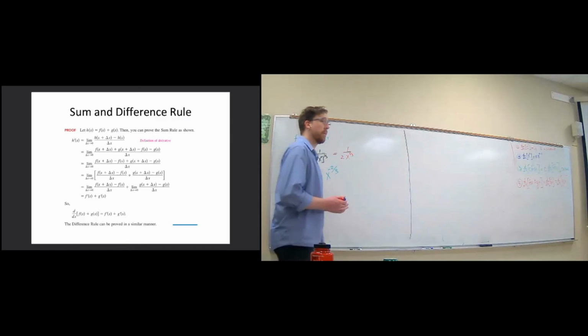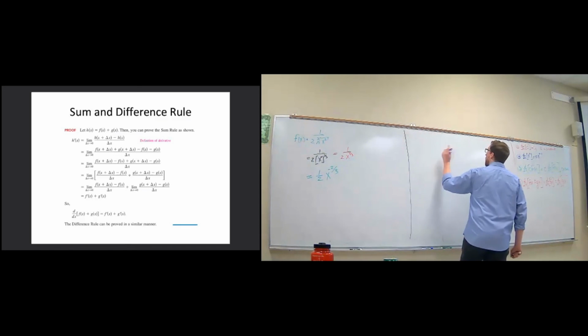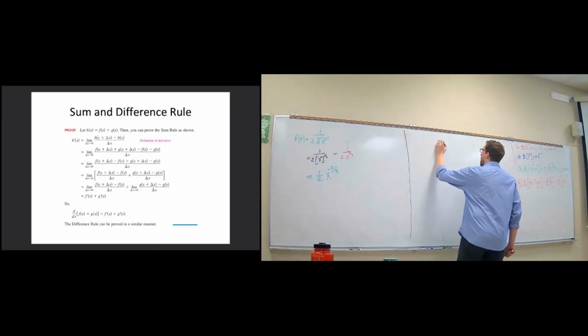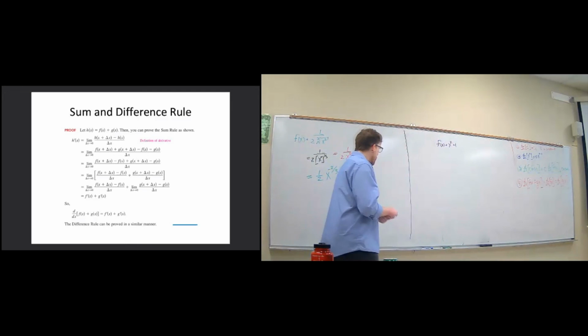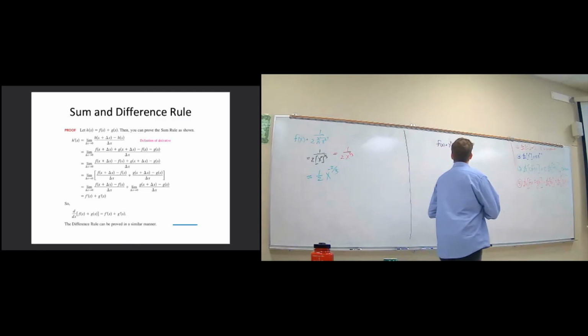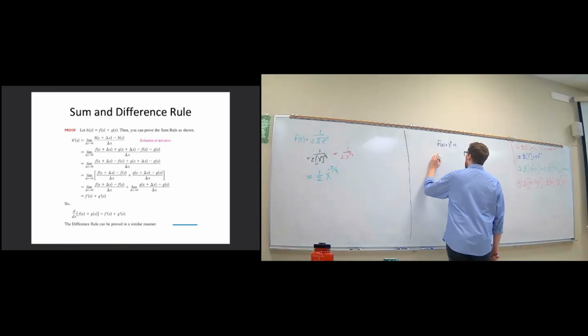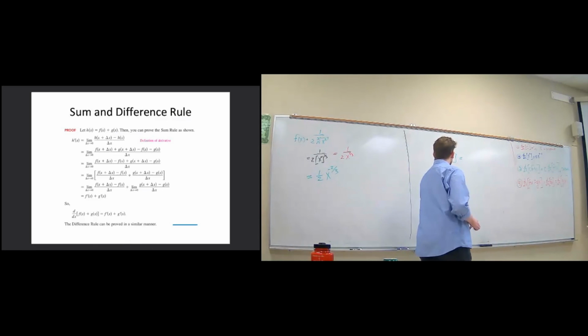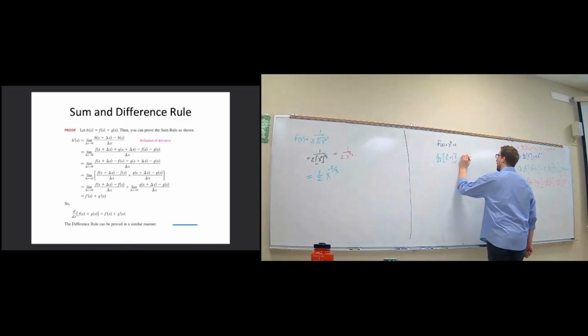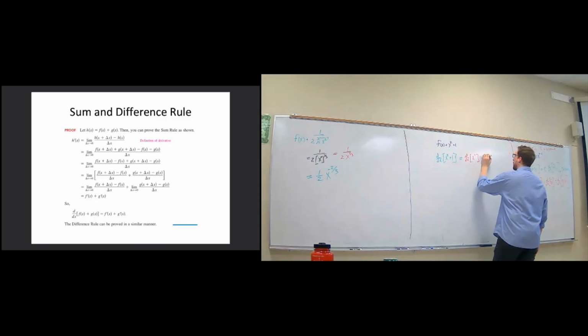Because now, let's think back to an earlier problem we had. f of x is equal to x squared plus 1. Now, if we want to find the derivative of this thing, well, that's going to be equal to the derivative of x squared plus the derivative of 1.